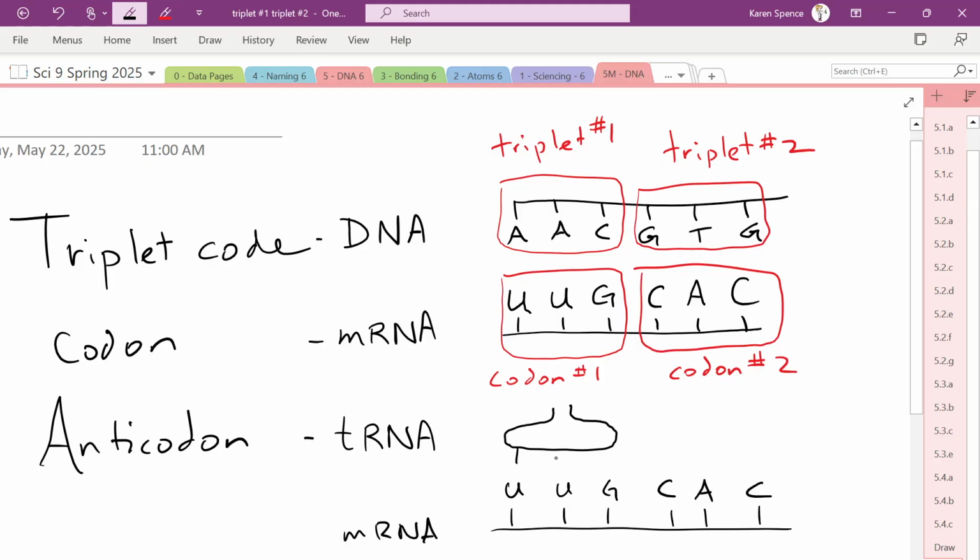It comes in this little shape, and it's got bases sticking out all the way around it. We'll take a closer look at that today. What are those bases going to be? I didn't even leave enough space there. Let me try that again.